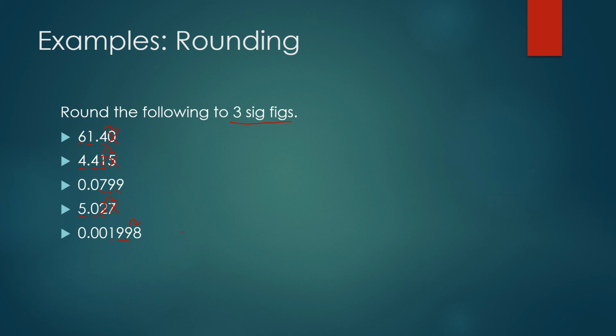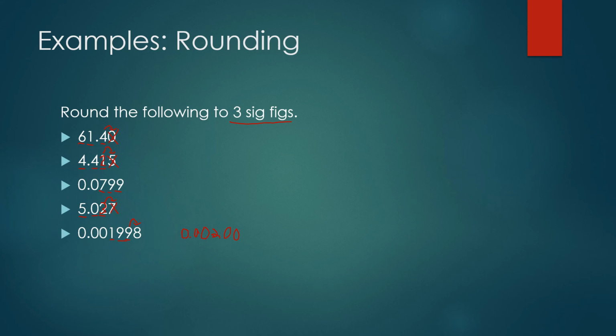Okay, so when a 9 moves up, that's going to change that 9 into a 0. Well, then we have another 9 after that, so that's going to move that up as well. So our answer for this one is tricky because we're rounding all the way to 0.002. I have to practice my writing with this thing.